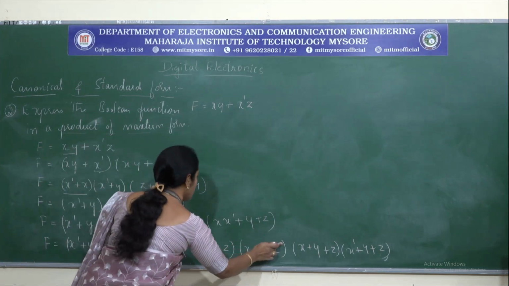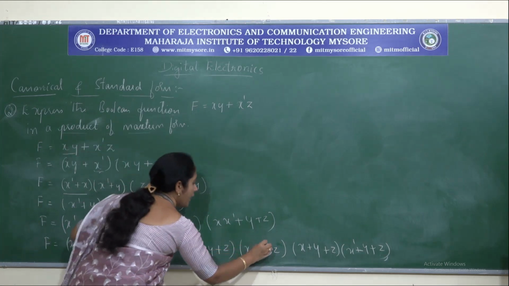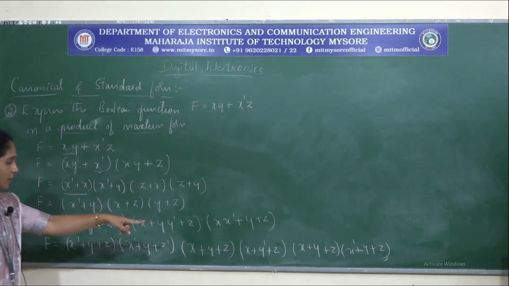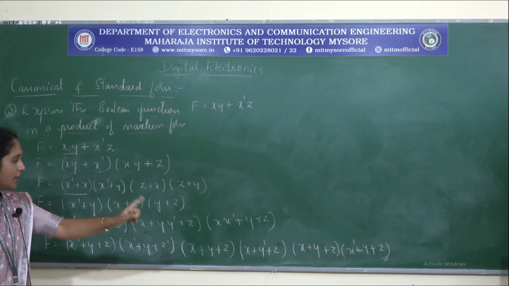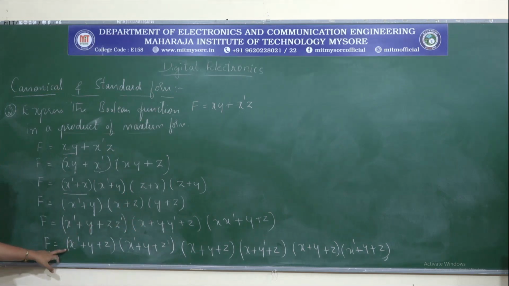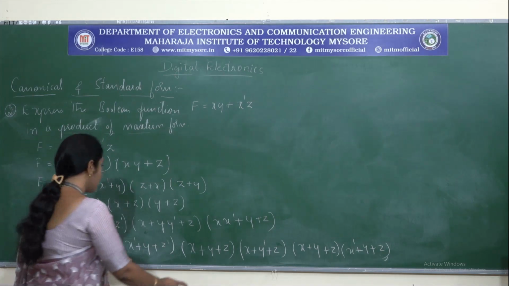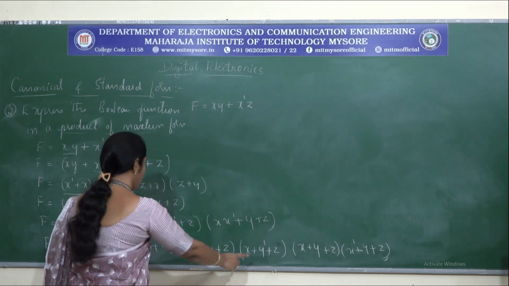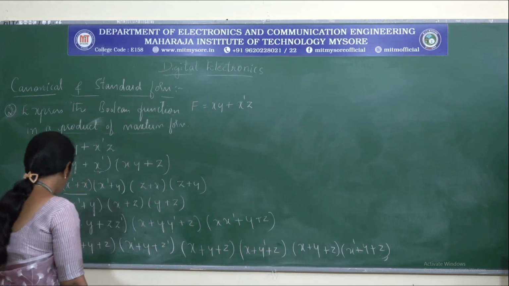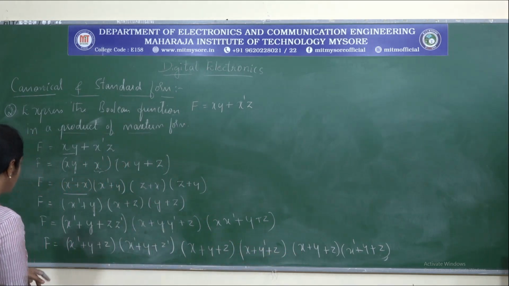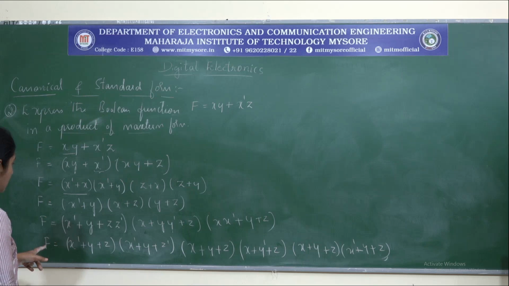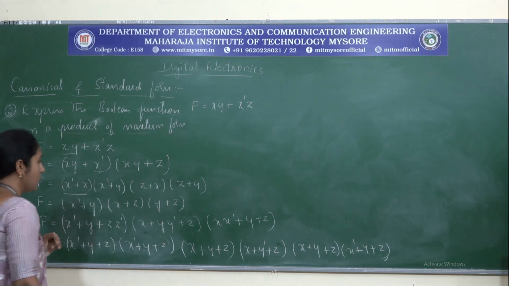Again we need to search for the repeated terms. Do we have any here? Yes, x plus y plus z has been repeated, and even the last term is repeated.